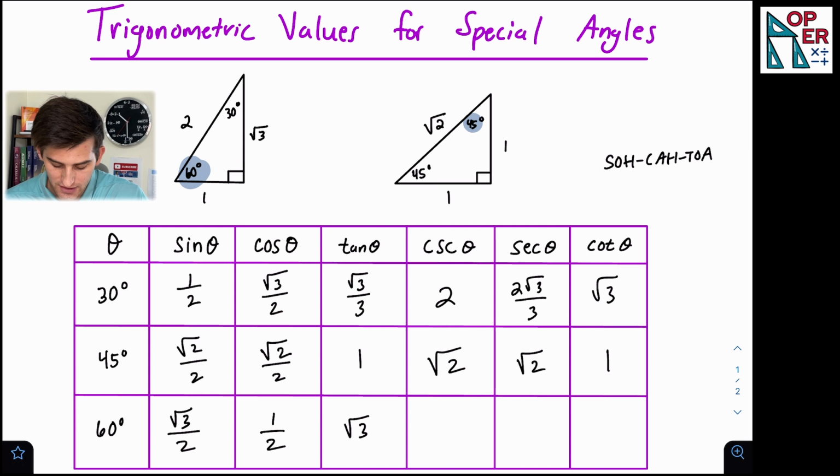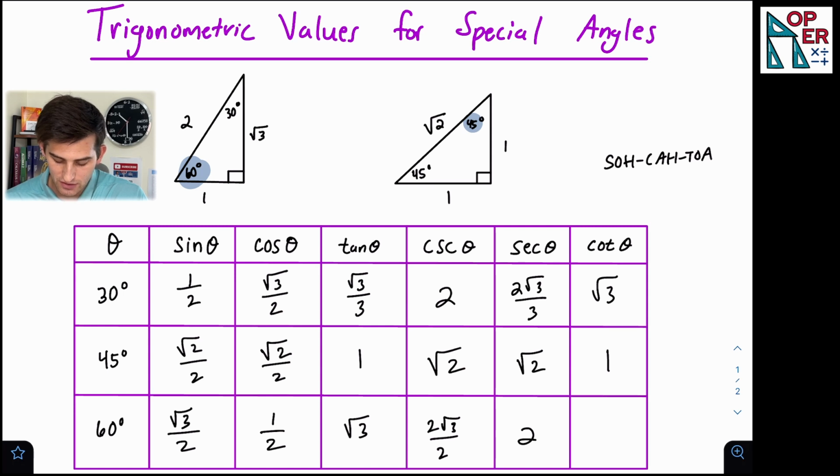All right, so now for cosecant and secant and cotangent, taking the inverse of the three ratios we just found. So cosecant would be the inverse of sine, so this is going to be 2 over root 3. So now let's rationalize by multiplying the top and the bottom by the square root of 3. So we're going to end up with 2 root 3 over 3. Now for secant, it's just the inverse of 1/2, so that'd be 2.